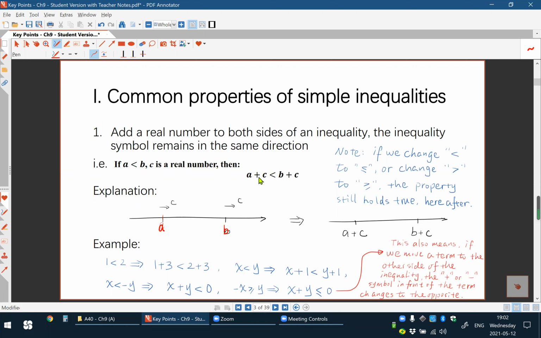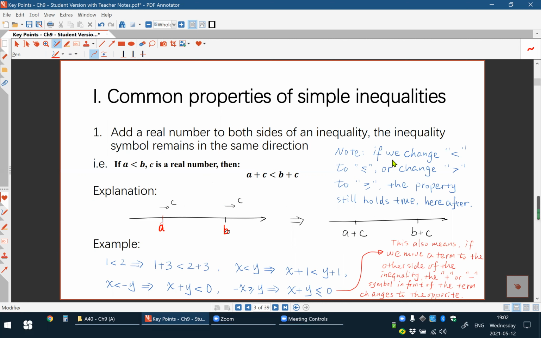And after we add a number C to both A and B, that means we have translated A and B to the right C units at the same time to a new position, A plus C and B plus C. Because A is smaller than B, that means A plus C must be smaller than B plus C, right?